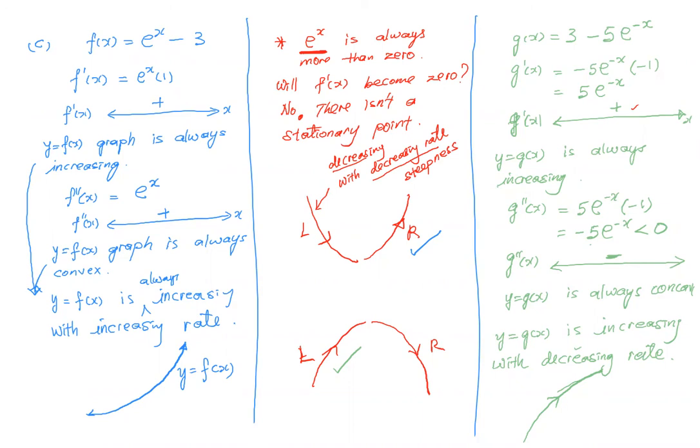I put decreasing for g prime x because I thought negative x would be the opposite. No, cannot. Unlucky. Okay. If you want to make your life easier, listen here. I help you to remember.